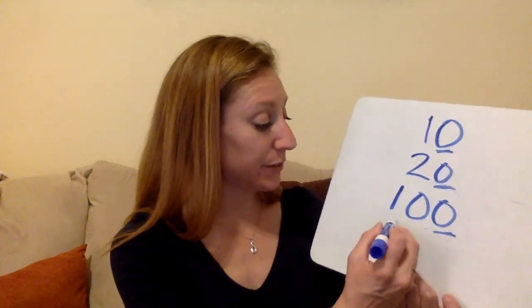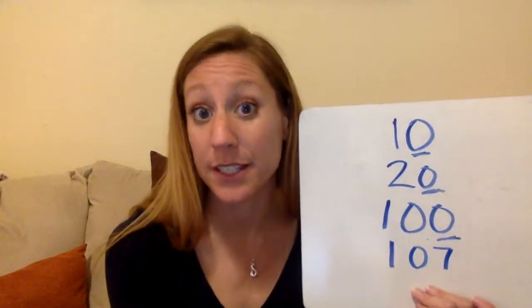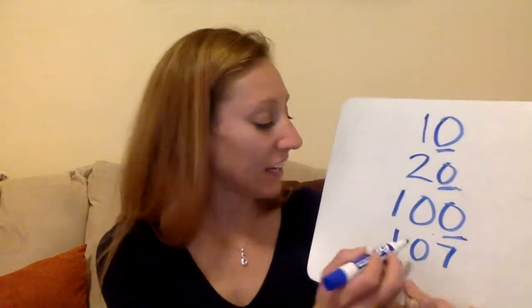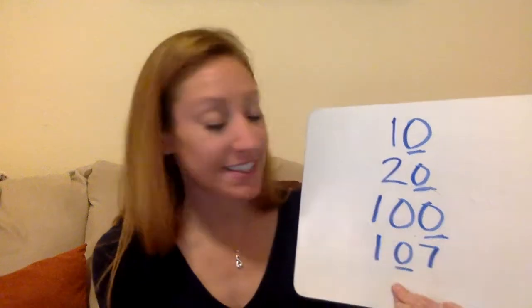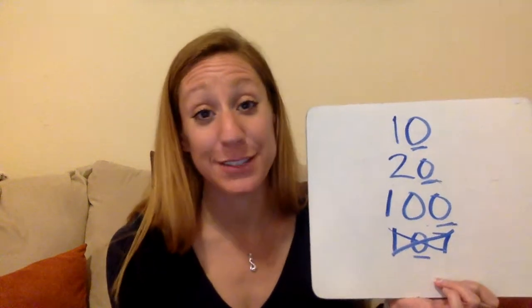How about 107? Does that have 0 in the ones place? That one has 0 in the tens place and 7 in the ones place. So that one does not have 0 in the ones place.